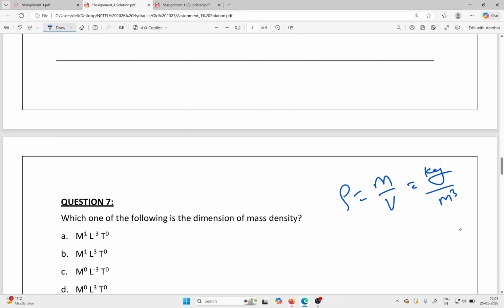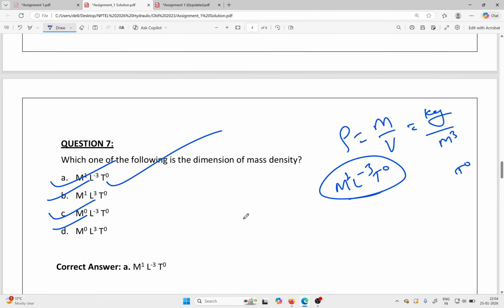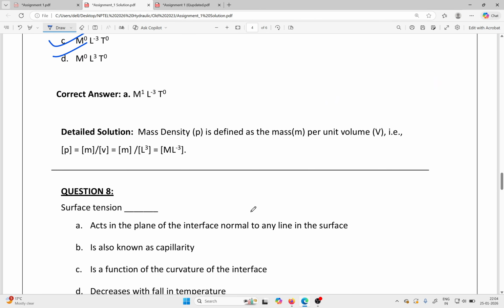Because here is no second term, so T will be 0. So M L minus 3 T0. This will be the final answer. Option A is correct. Here you can write very easily M1, L minus 3 and T0. Option A will be the correct one. Next question.